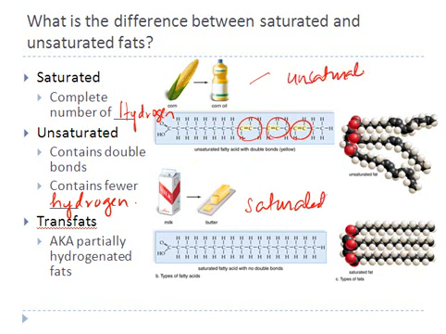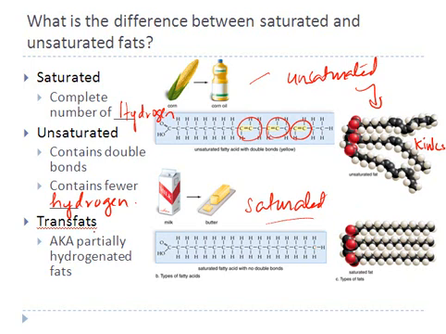Now notice the image that is shown over here. In an unsaturated fat, when you have these double bonds, they leave open spaces that are called kinks. On the other hand, in the saturated fat, notice how they're stacked on top of each other. And that's the reason that saturated fat in your arteries can clog your arteries, because they form a barrier around the cell membrane.